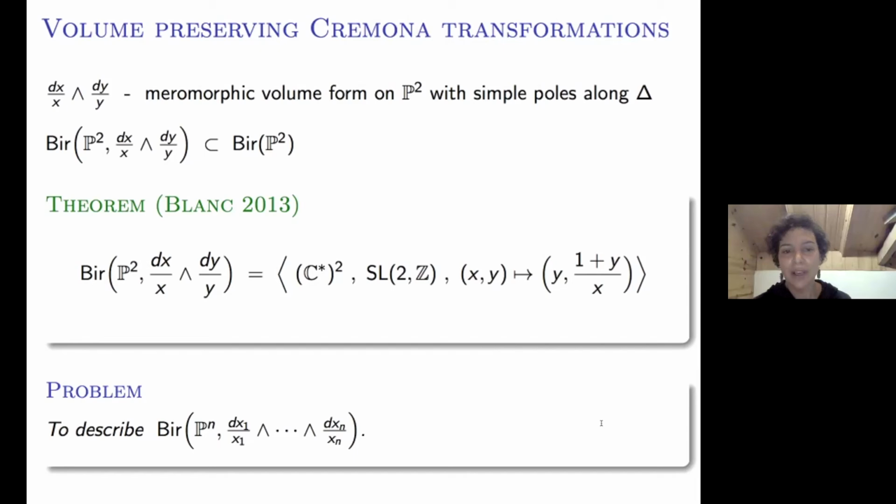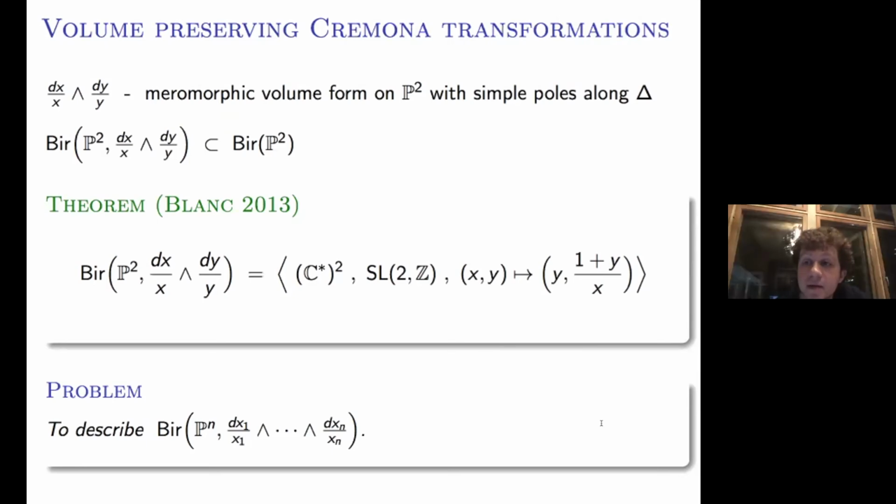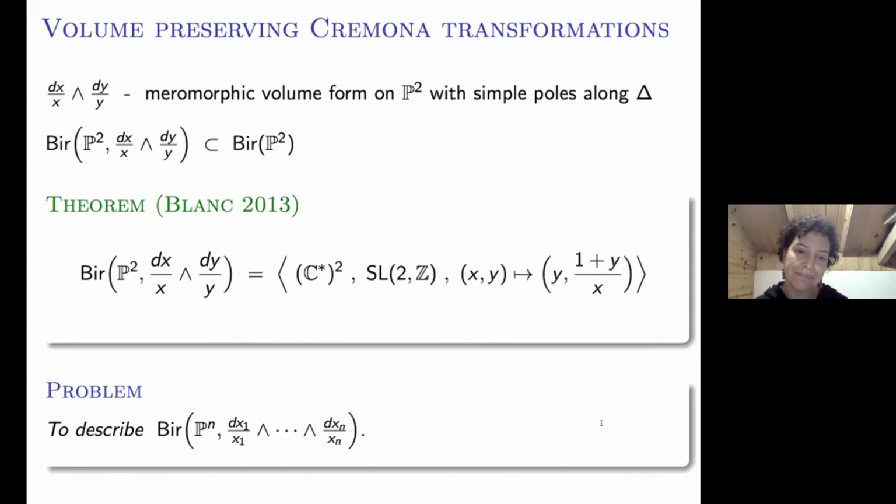Although, you can see the symplectic form as an equation in Pn. Actually, Blanc calls this, the title of this paper is Symplectic birational maps of the plane.